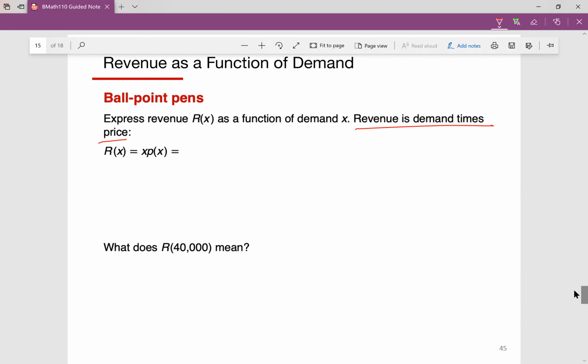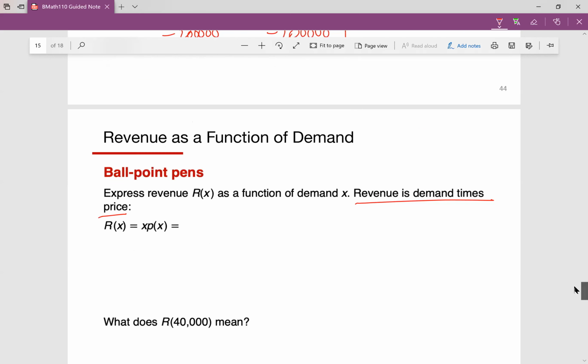And they say to use the information above.